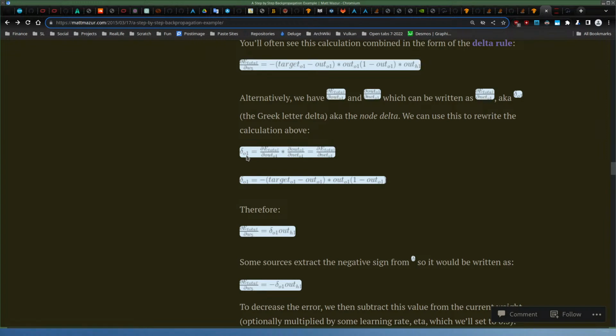Delta sum index is E total, the dE total dOut same index times dOut over dNet.